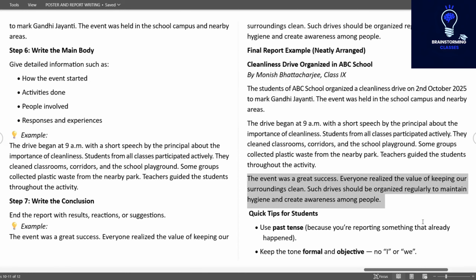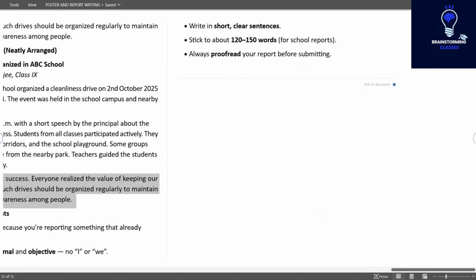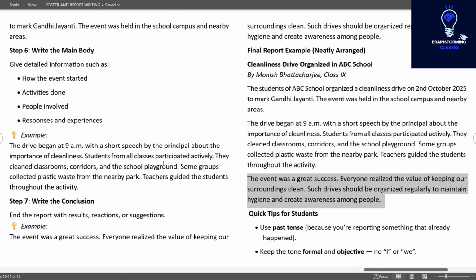Then you have to write it in a very formal tone and be objective. There should not be any I or we, because the event is organized not by you or we. It is organized by an organization like your school or any other organization. So you have to write in a way where you cannot use I and we. You have to be very cautious in writing this.